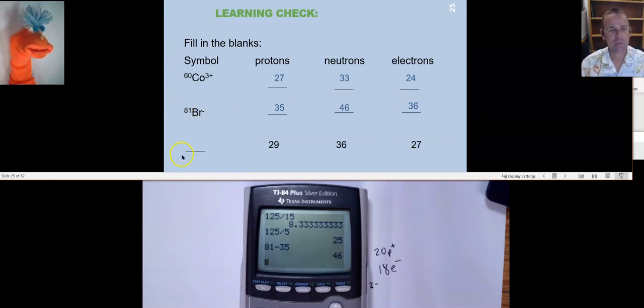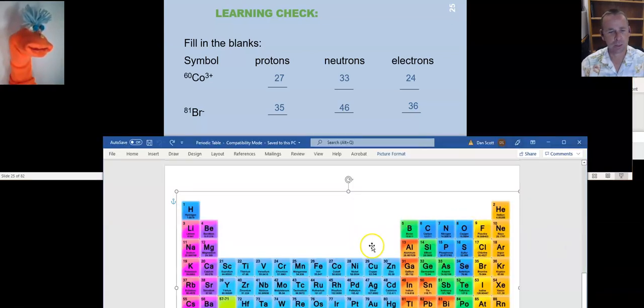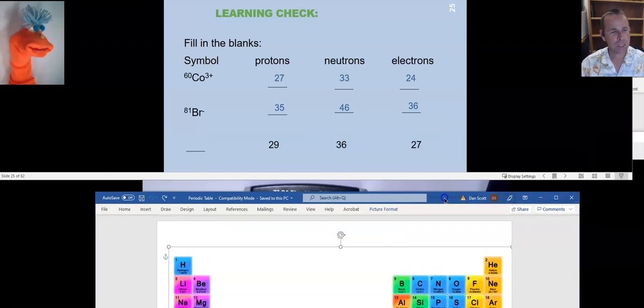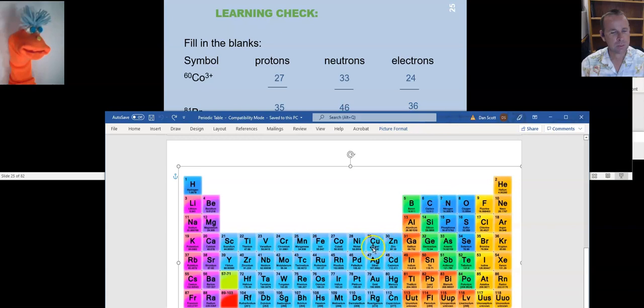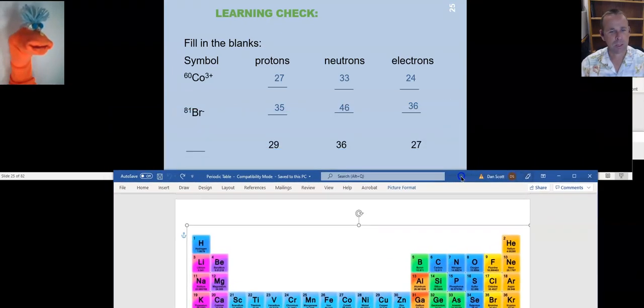How about this symbol right here? 29 protons. What has 29 protons? Let's bring up our periodic table and take a look. 26, 27, 28, 29. Copper. Copper has 29. All right, it's copper.